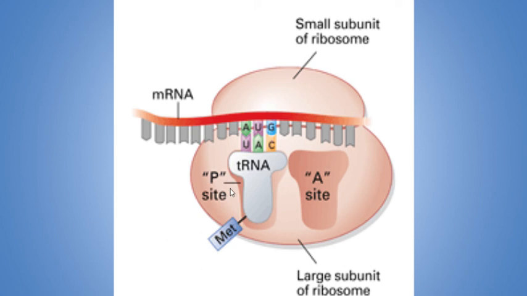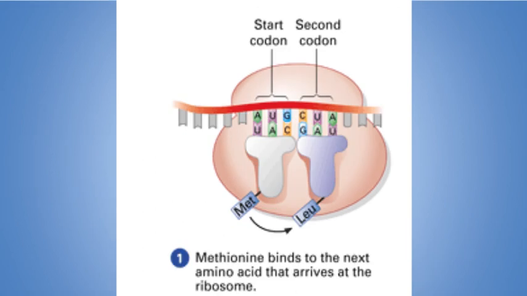Kind of moving down the line, it'll drop off and then leave, and then the next one will come in to deal with the next codon. As they have multiple amino acids, these will be bonded together as the ribosome moves down the sequence of messenger RNA.